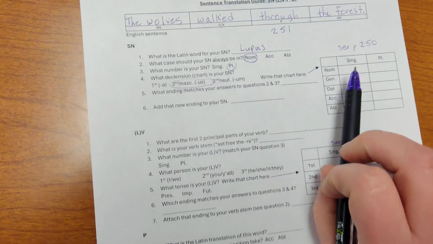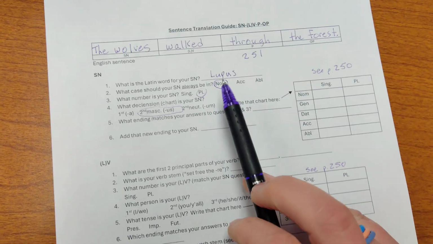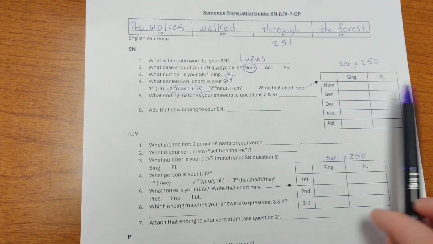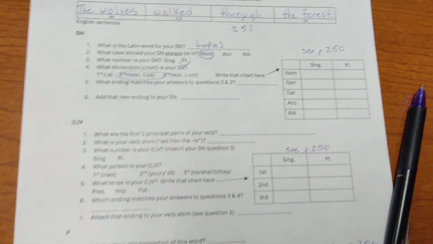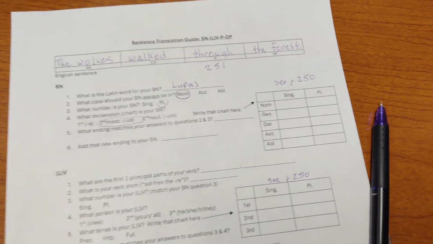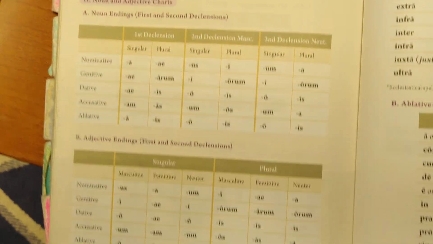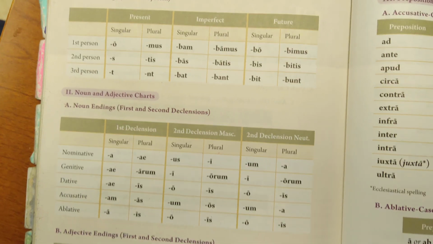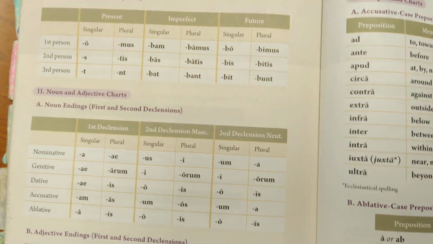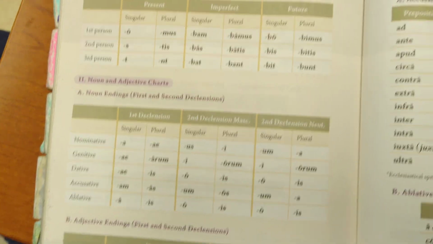Okay. Then I need to write the chart that is second declension masculine over on the side here. So if you look in your book at page 250, you will see every single chart that you will need to accomplish this project. Okay, in fact, it's just this top part here. So if I look here, I just circled second declension masculine.